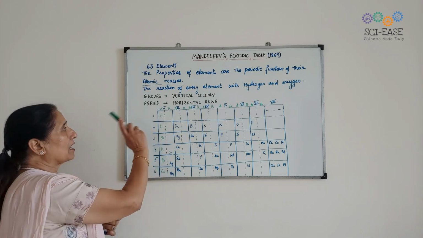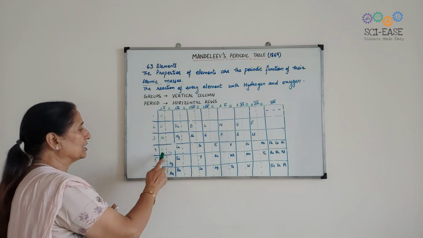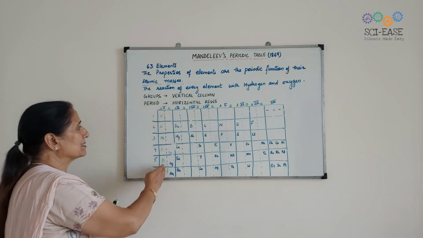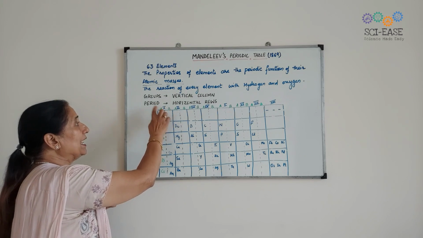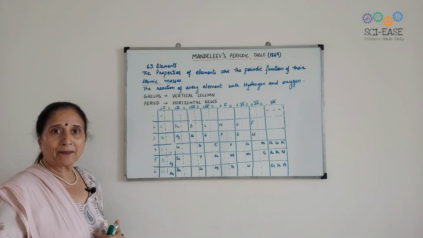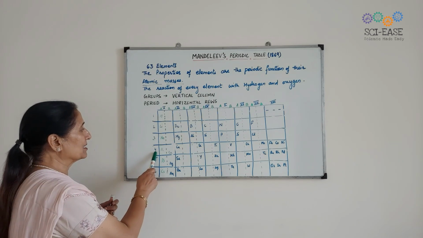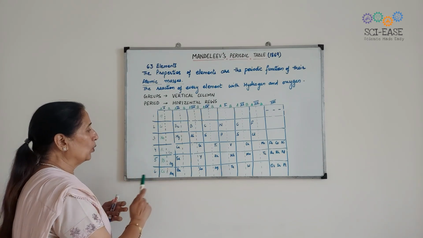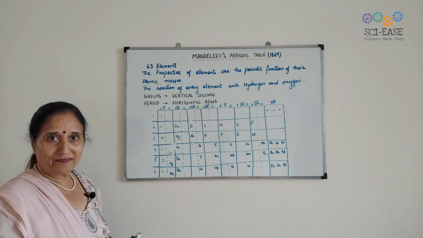He started with hydrogen, lithium, sodium, potassium, rubidium, cesium. These elements he wrote in the first A group. And in the first B group, from the 4th period, he wrote copper, silver and gold.